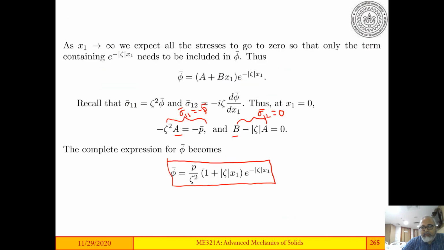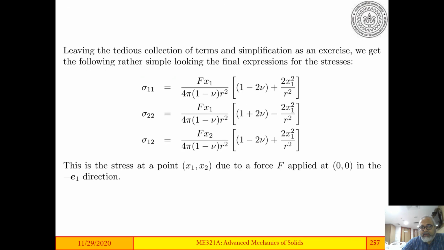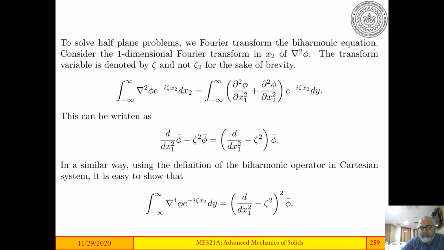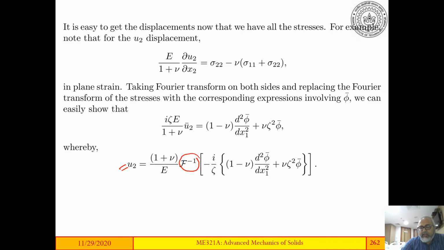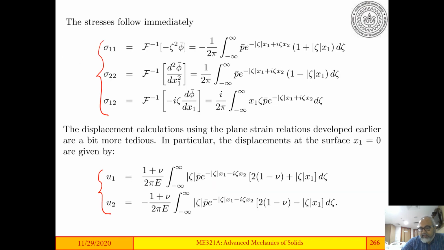In the Kelvin problem we had solved some time back, these were the solutions: the stress at any point due to a force F1 applied at the origin. This can also be a Green's function. This is a Green's function for a full space problem, whereas this is the Green's function for a half space problem for stresses.